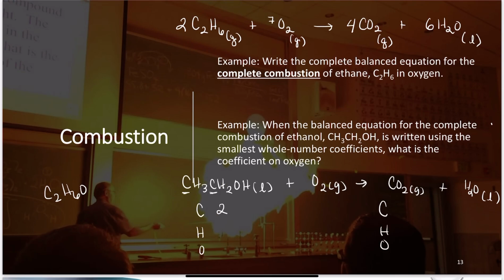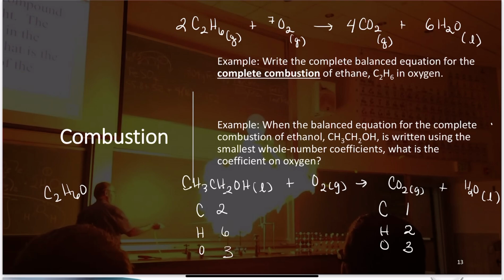Two carbons, let's see, 1, 2, 3, 4, 5, 6 hydrogens, 1, 2, 3 oxygens. On my product side, 1 carbon, 2 hydrogens, 3 oxygens.